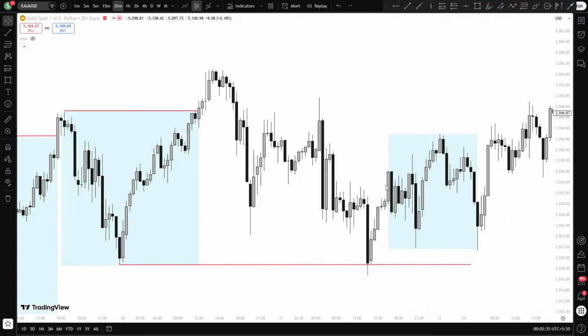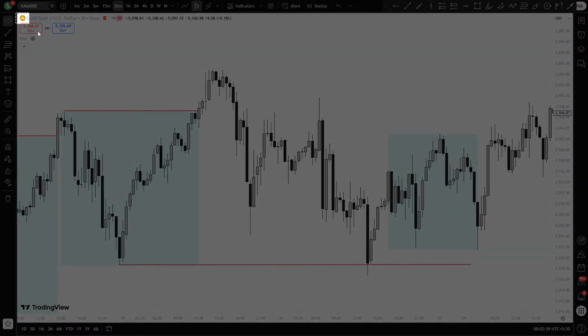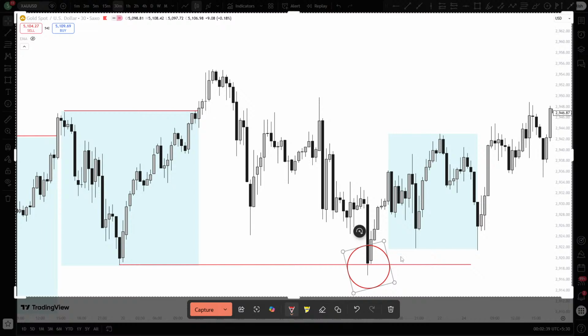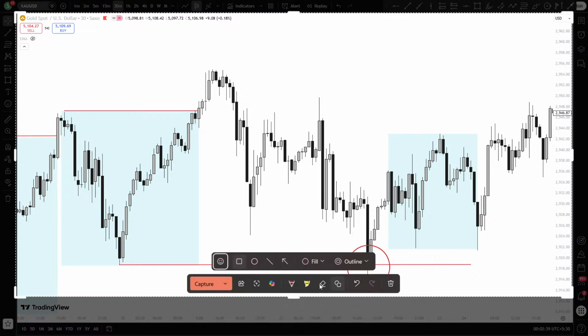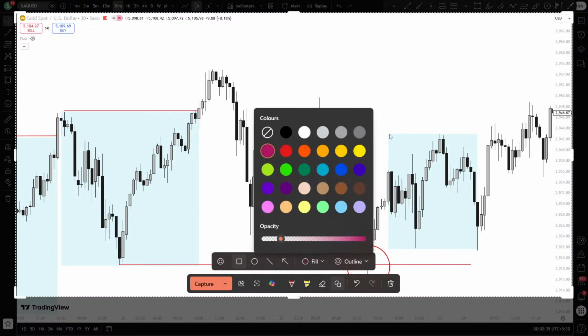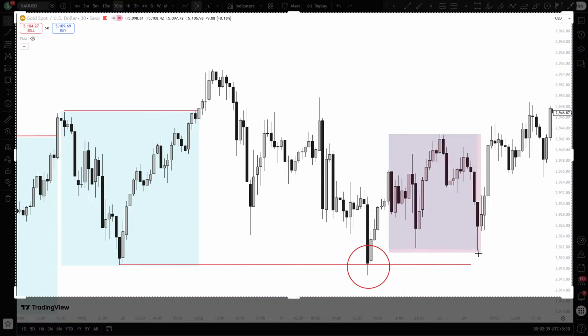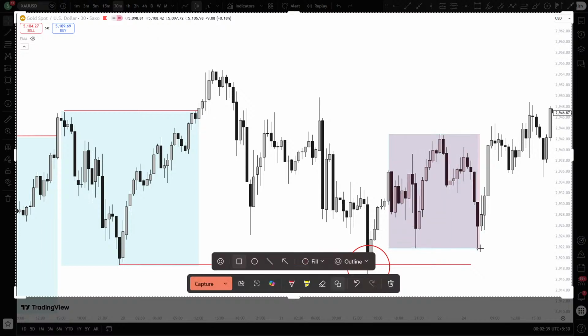After giving us this liquidity, you see what I'm talking about? After the market gave us the liquidity here, and here, and here, what do we now see? We now see the market giving us this consolidation.